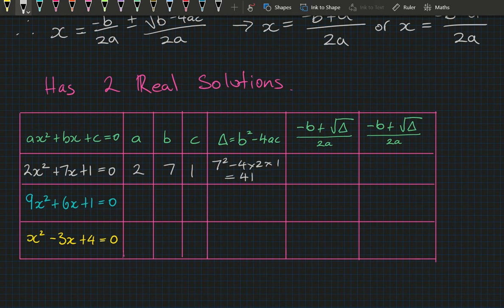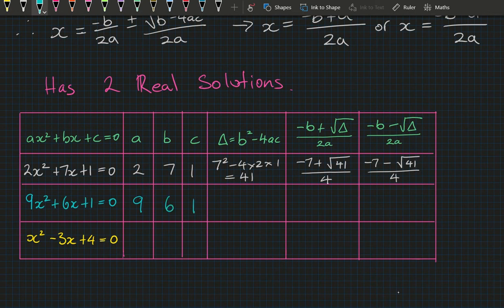So therefore minus b is minus 7, and plus the square root of the discriminant is the square root of 41, and 2 times 2 is 4. And the other solution is all the same except for minusing the discriminant. Okay, for our second equation, we have an a of 9, a b of 6, and a c of 1.